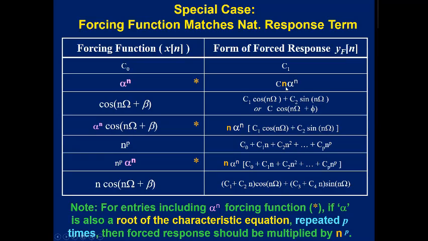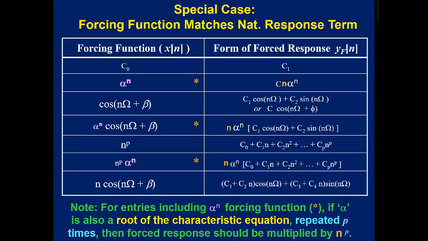And if for some reason that alpha to the n is a multiple root of the characteristic equation, I might have to actually raise n to some power, which is what the rest of this alludes to. If that root of the characteristic equation is repeated p times, then the forced response gets multiplied by n raised to the p power.